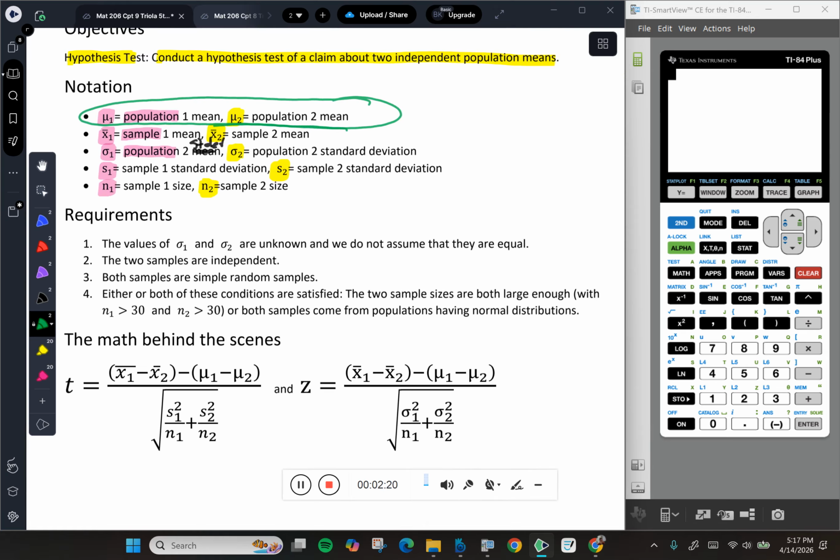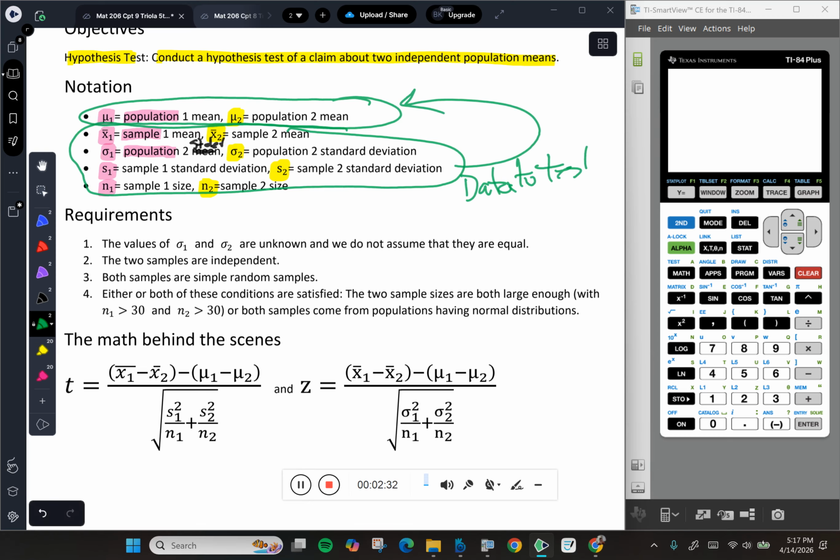Data is going to be collected here, and that data will be used to test the claim.